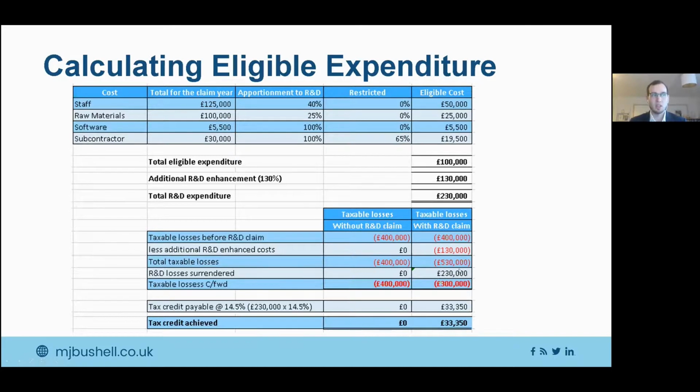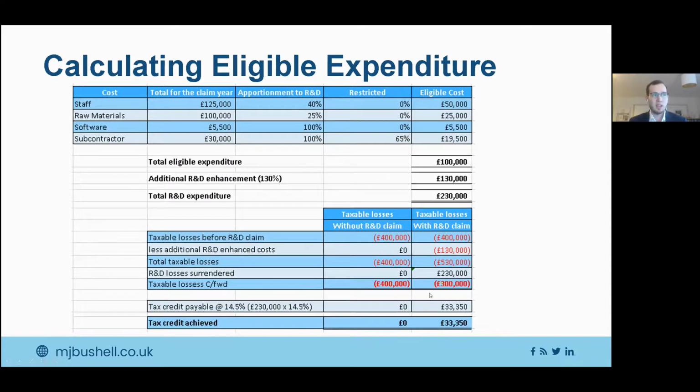Now, this company has decided to surrender the full £230,000 of R&D losses in order to receive a cash tax credit at 14.5%, which gives the company £33,350 cash paid out by HMRC to them within 1 to 3 months of submitting the claim.